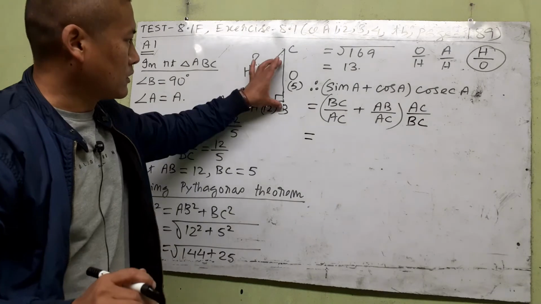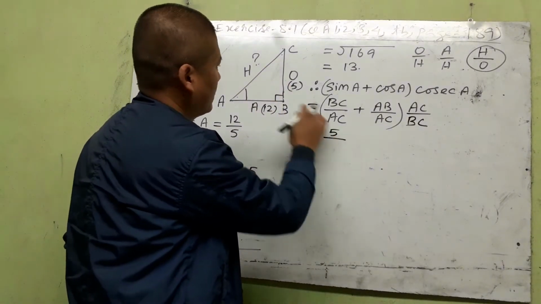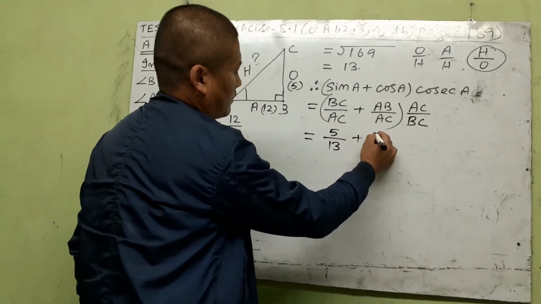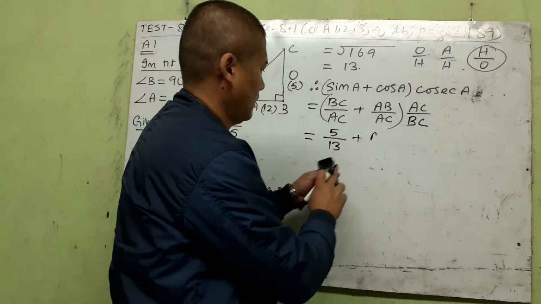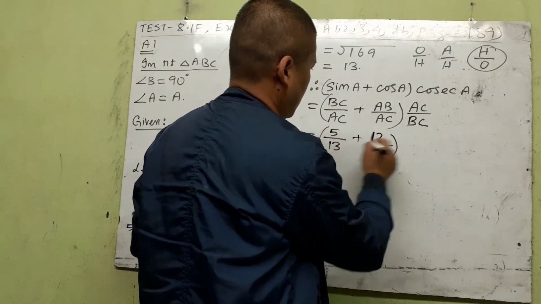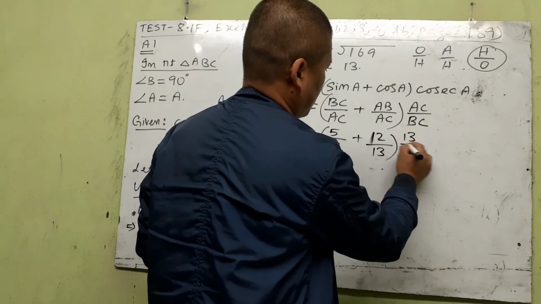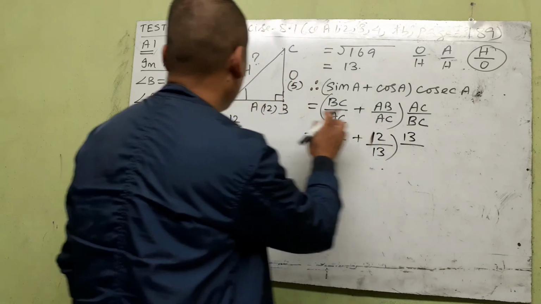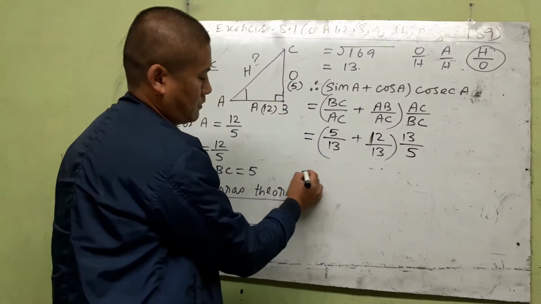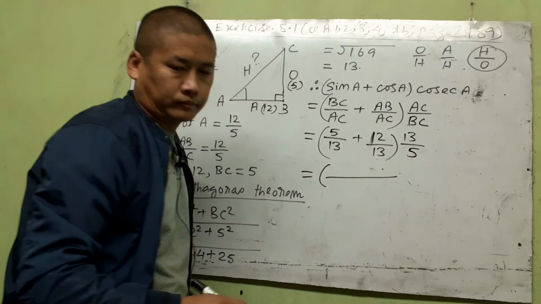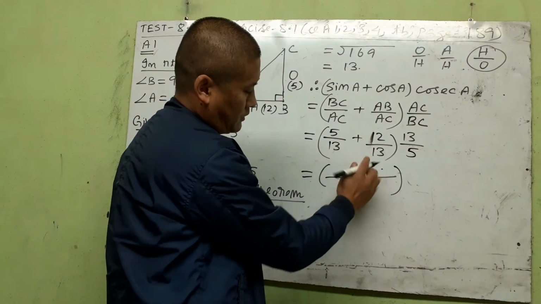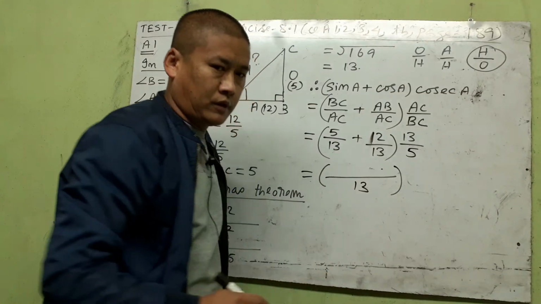So BC is 5 by AC is 13. AB is 12 and AC is 13. Then AC is 13 by BC is 5. So let us solve this. Inside the bracket, denominator 13 and 13, LCM is 13, right?